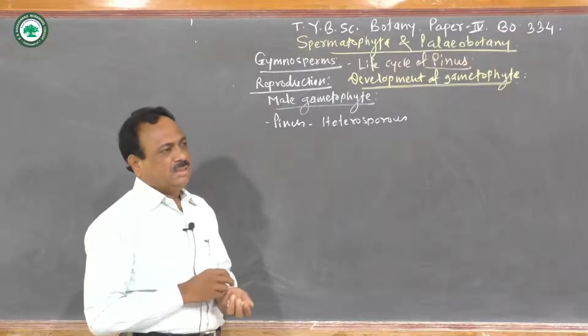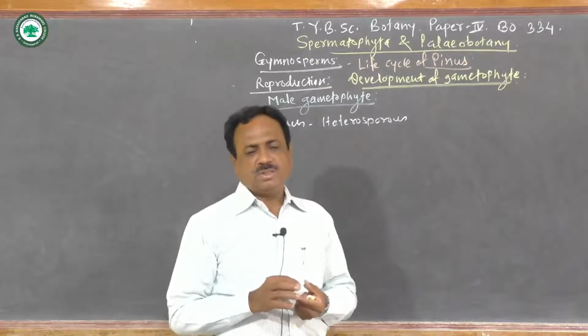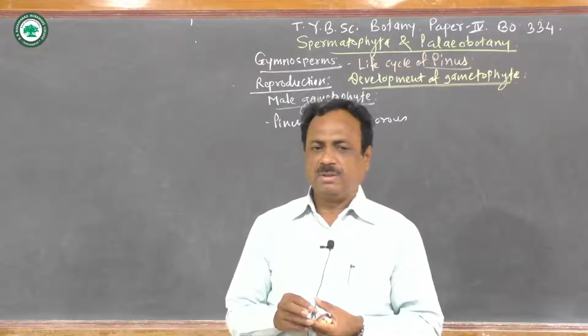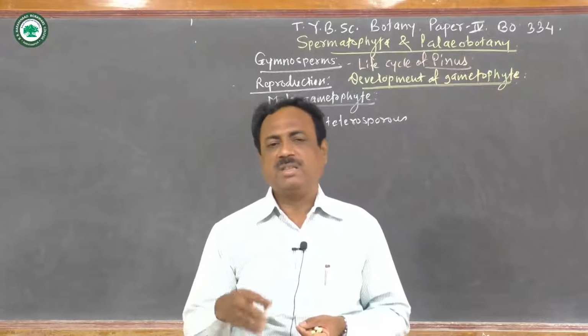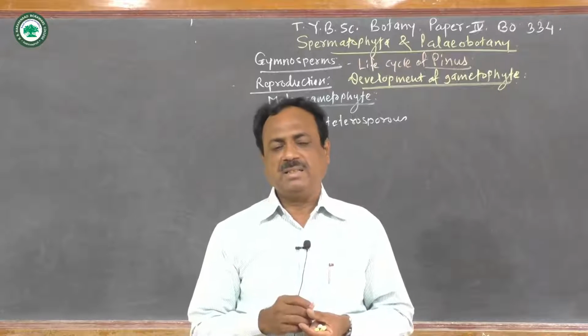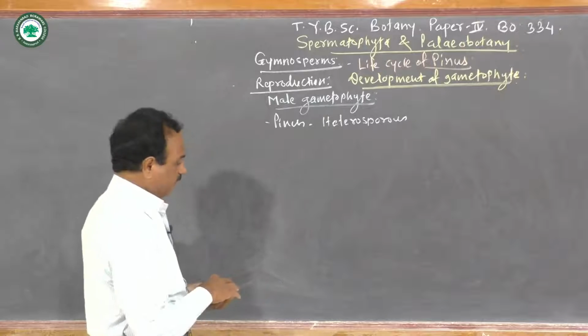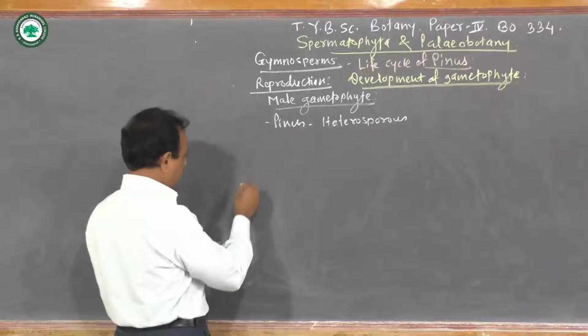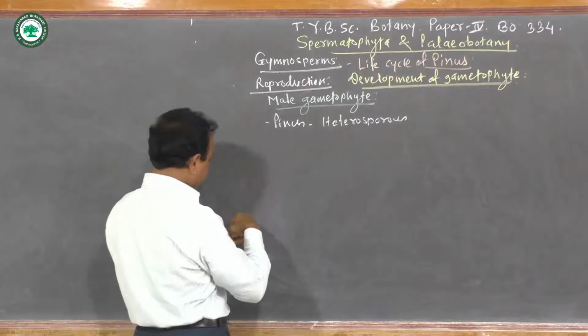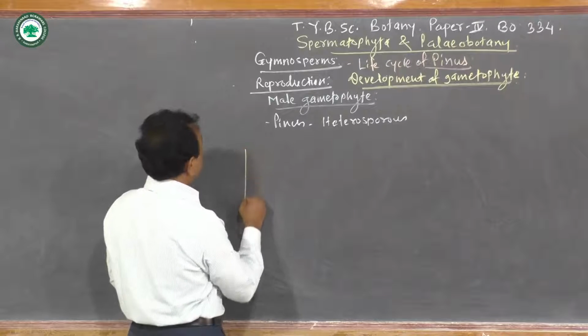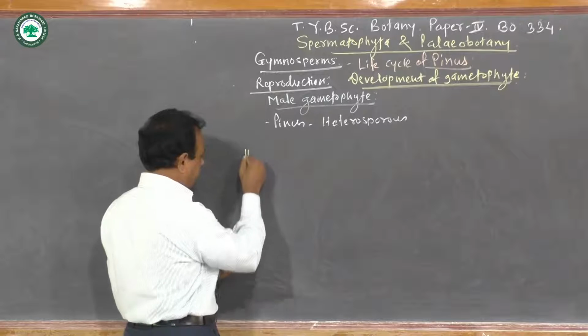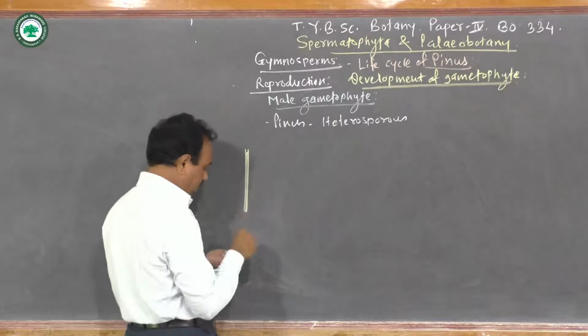These male and female cones develop on the same plant but on different branches. So Pinus is a monoecious plant having two different types of cones on the same plant. So if we see this Pinus plant and its male and female cone.